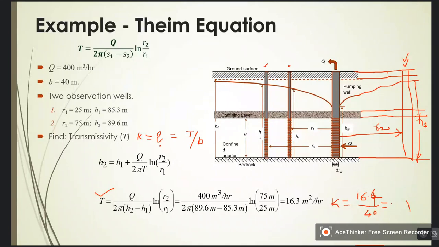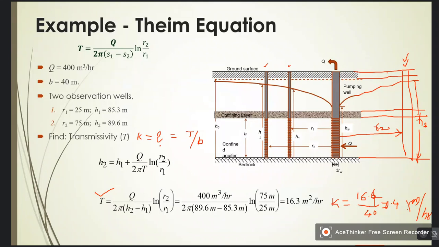So this is 0.41. Okay? Meters per hour. Understand? Is it clear? Yes, sir. Okay. Now you can do any problem of this type.